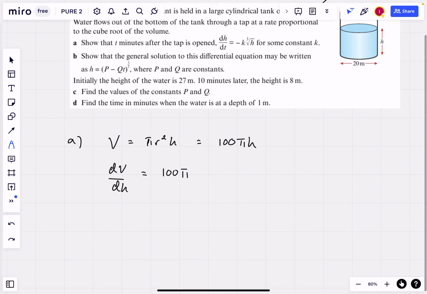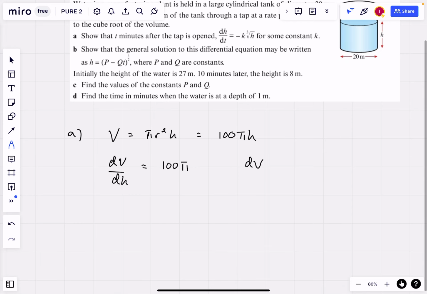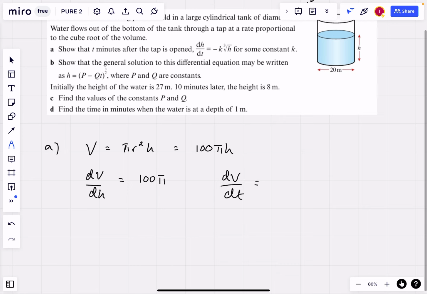So that means dV by dt, which is how I calculate the rate of that flow, is going to be minus the cube root of the volume. I put minus because it's always going outwards, right? The amount of water will never increase. It can only flow out. It can only go down.